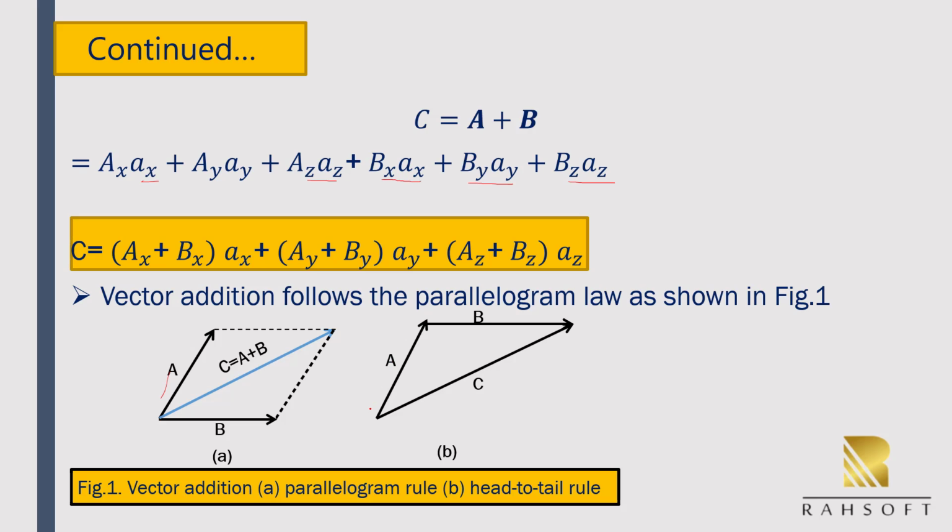The vector A is here, and the tail of the other vector is at the head of vector A, and the resultant is C, which gives A plus B. This is the vector addition.